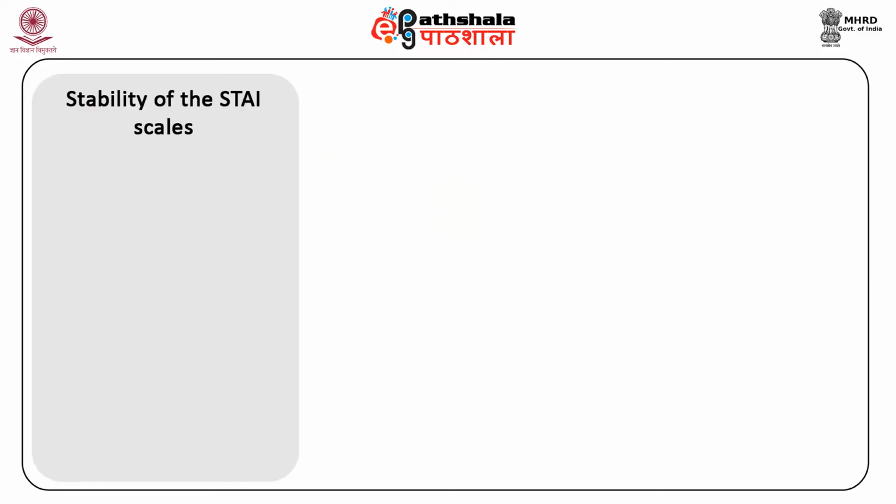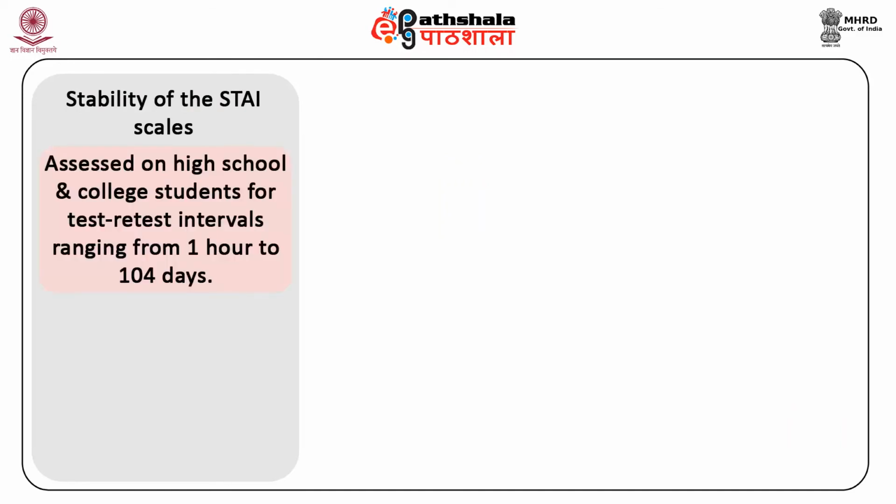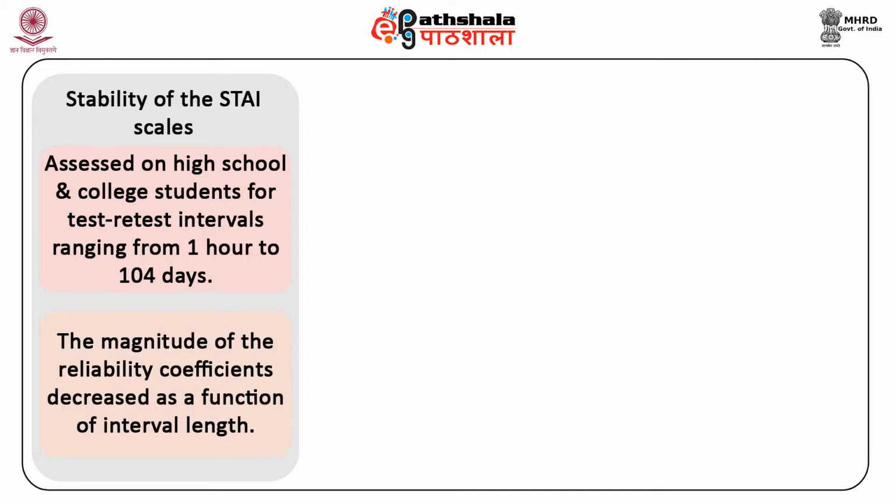The stability of the STAI scales was assessed on male and female samples of high school and college students for test-retest intervals ranging from 1 hour to 104 days. The magnitude of the reliability coefficients decreased as a function of interval length.